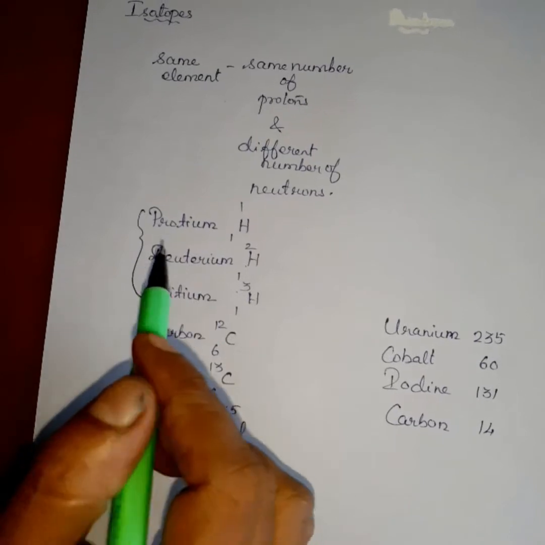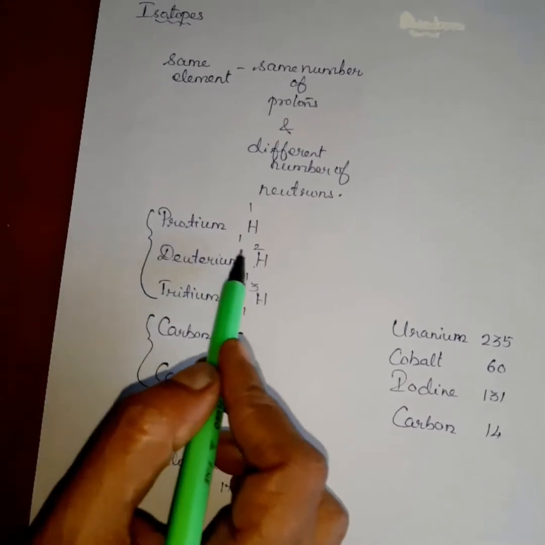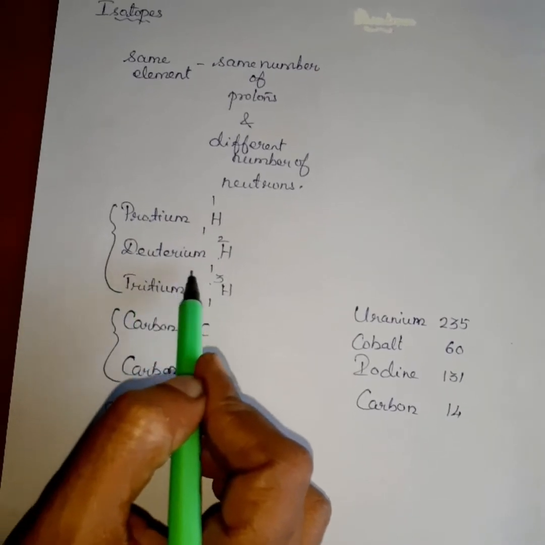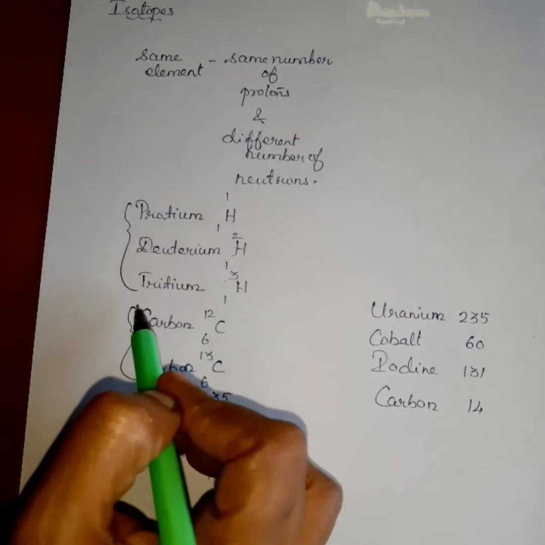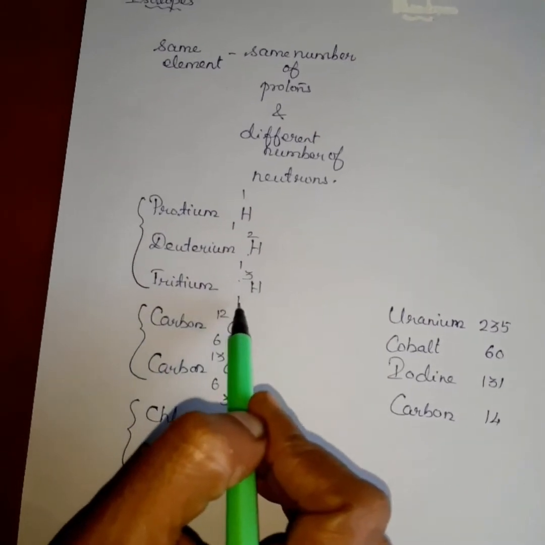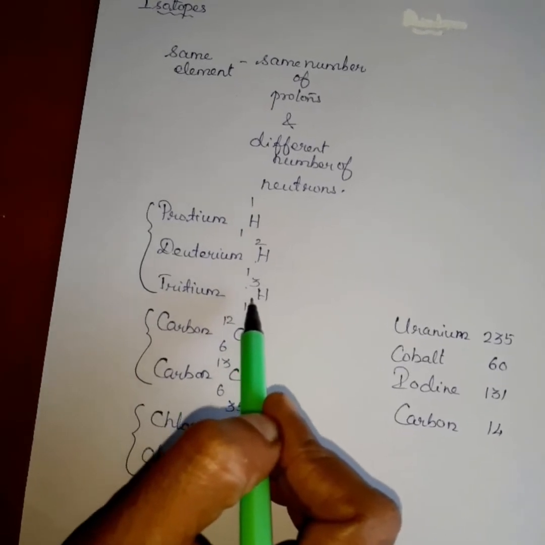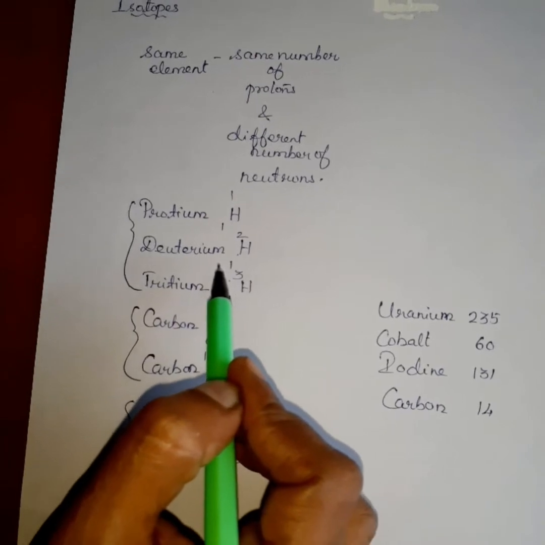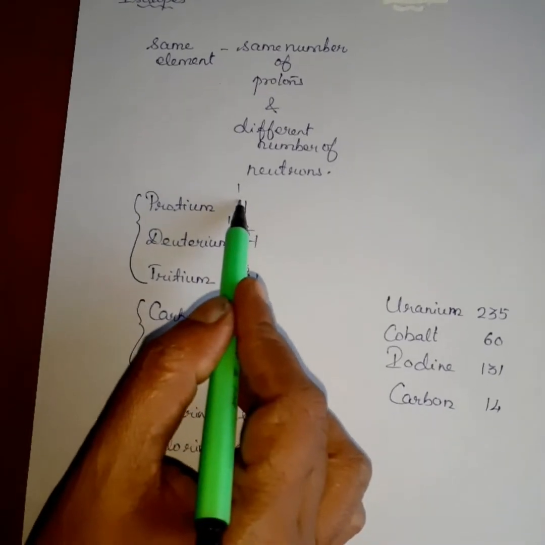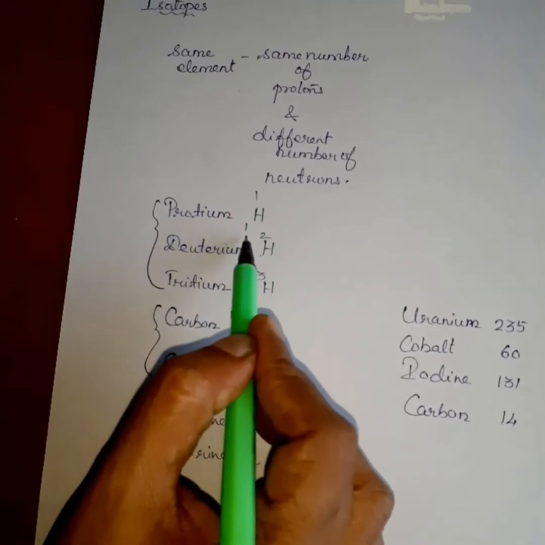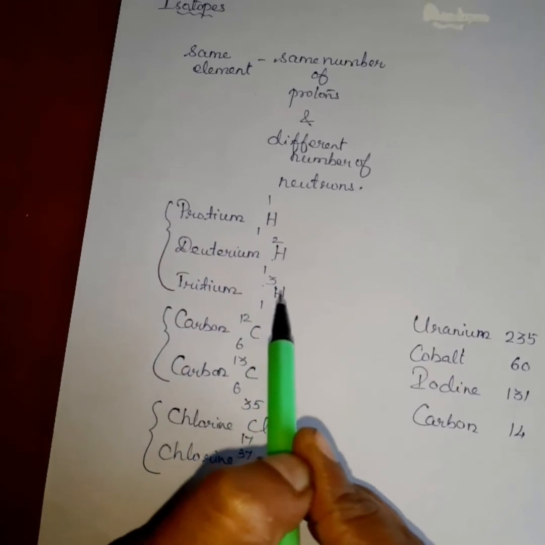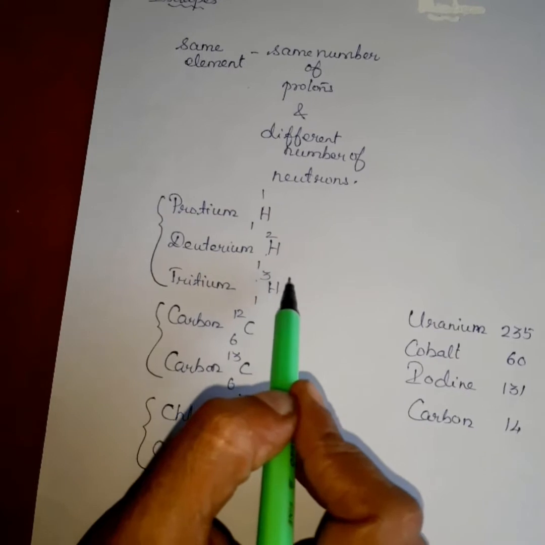First one, protium, H-1 1. Next, deuterium, H-1 2, and tritium, H-1 3. Here the atomic number of all three isotopes is 1. Yes, here only the mass number changes: 1, 2, 3.